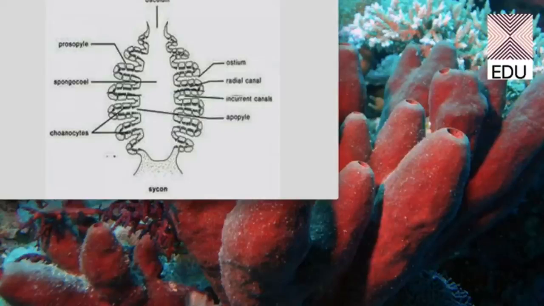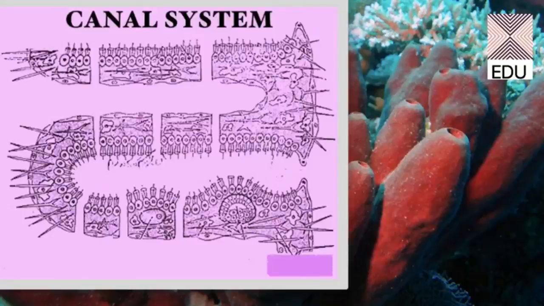So these are the four main units of canal system. Now this is a part of the body wall which is having an invagination and one evagination. So first of all we should know that this is a part of the body wall.